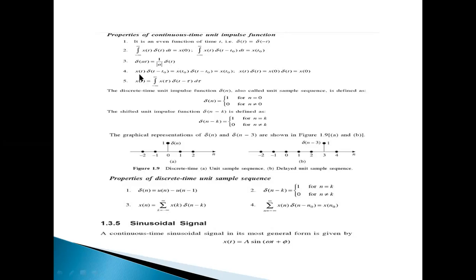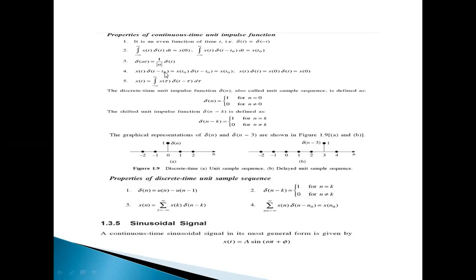Okay. And x of t into delta of t minus t naught is equal to x of t naught. Why is it so? When any signal is multiplied with the shifted version of the impulse function, or otherwise directly with the impulse function, we get the same signal. You see, x of t multiplied with delta of t, we get x of t only at t is equal to 0.